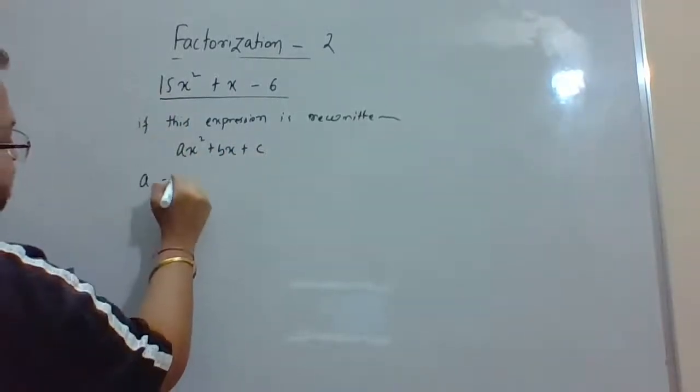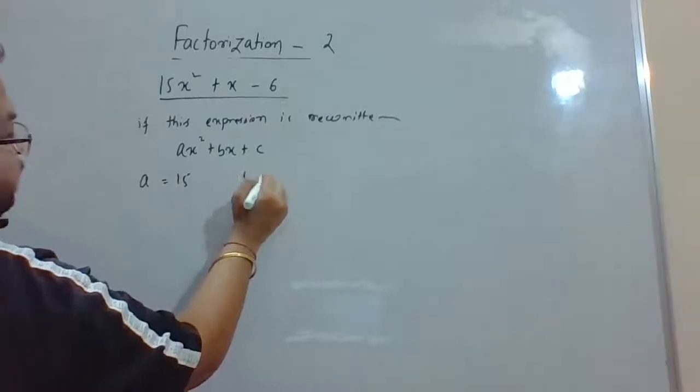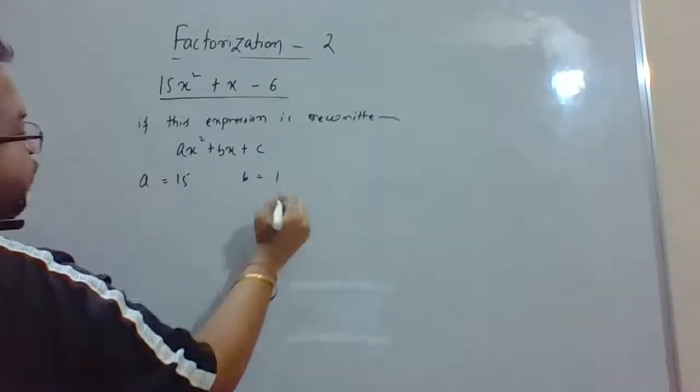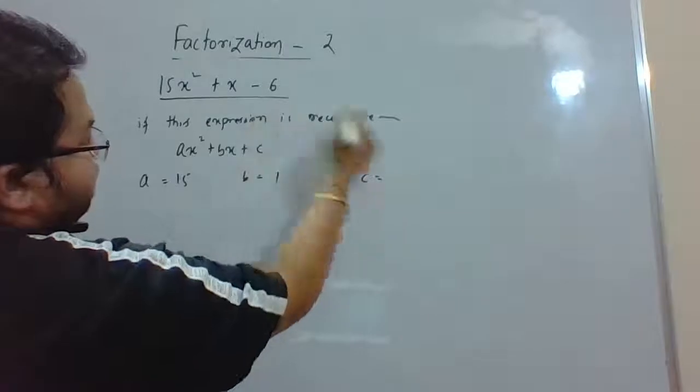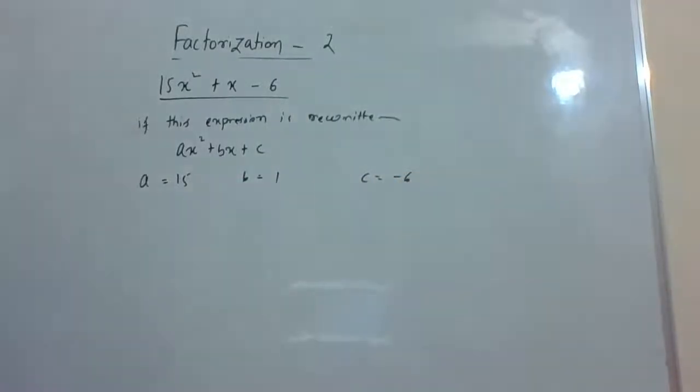A equals 15. B equals how much? The coefficient of x is 1, and c equals minus 6. Right?